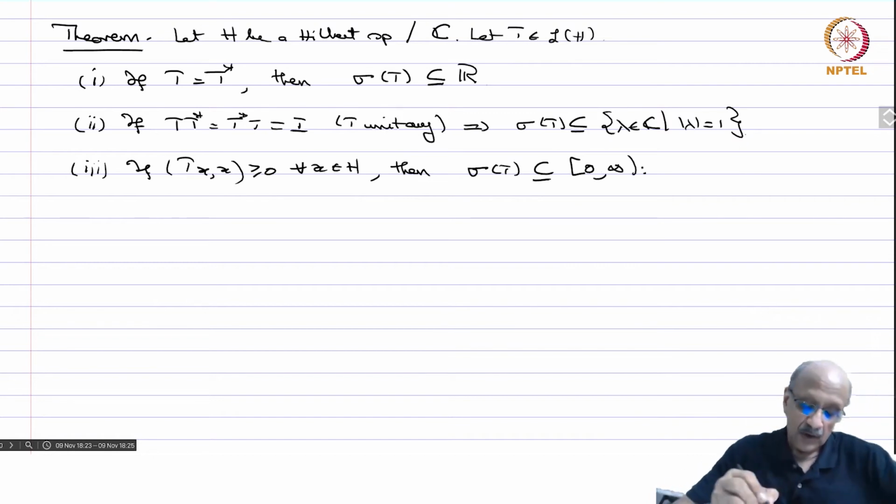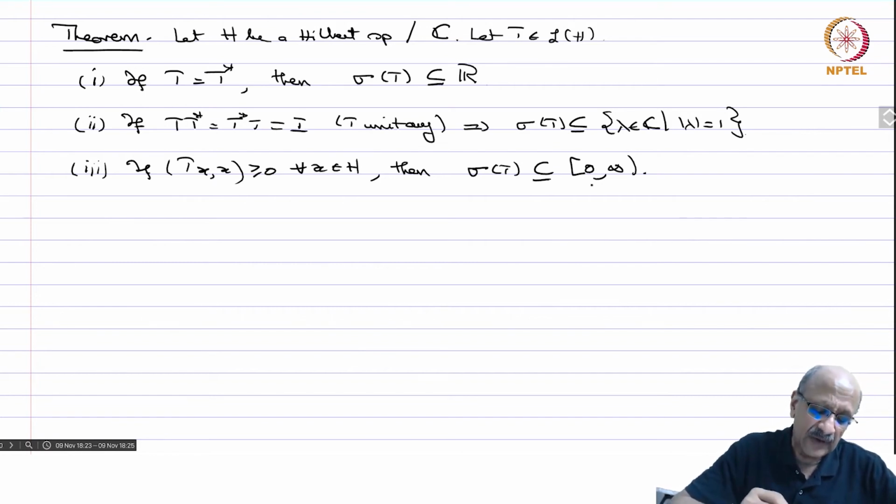Okay, so this is what we call a positive definite or positive operator. So real self-adjoint operators have spectrum in the real line. Unitary operators have spectrum on the unit circle, and positive operators have spectrum in the positive real line. So this is analogous to the real numbers. The normal operators, you can say, if you think of them as complex numbers, then star is like conjugation.